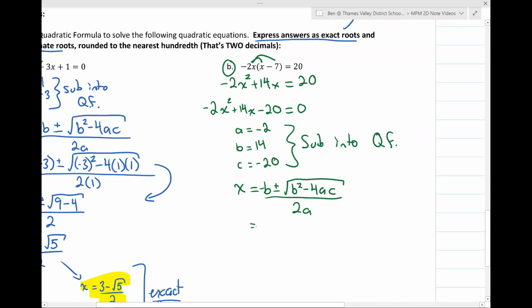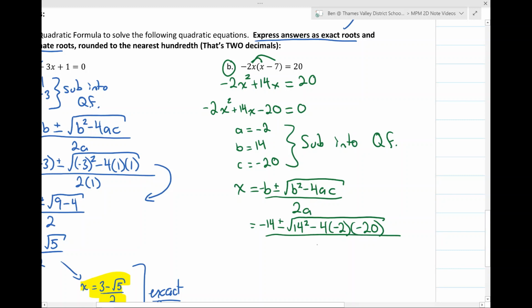Now from here, that's negative 14 plus or minus the square root of 14 squared minus 4 times a times c, where here we'll have a as negative 2, c as negative 20.